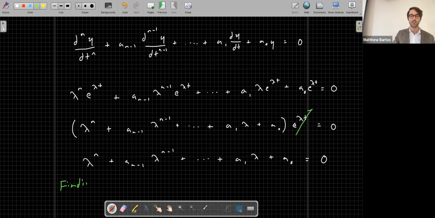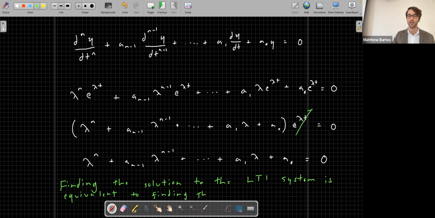Finding the solution to the LTI system is equivalent, it's the same thing, to finding the n roots of the characteristic polynomial.